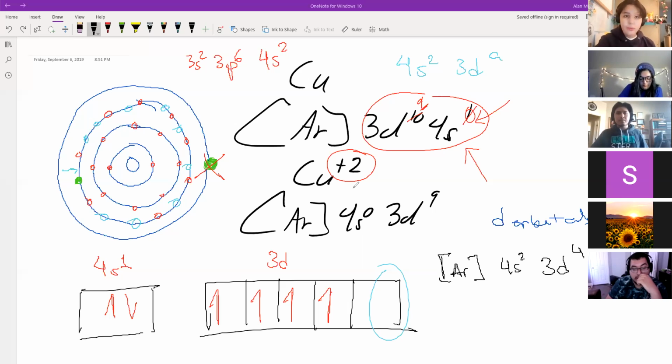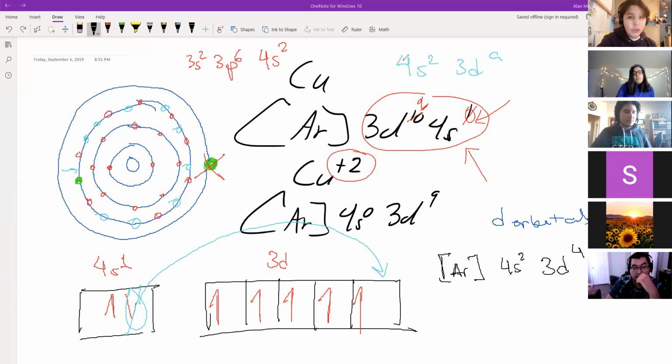So it takes this one, takes it over here, and we have, voila, a half full shell, because full shells or half full shells are more stable. So the d subshells want to be either half full or full. That's why the exceptions are going to take an extra electron.